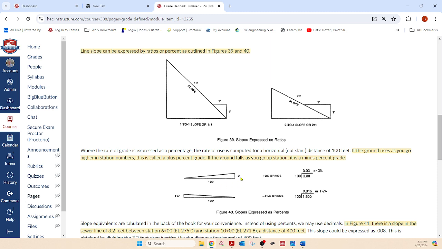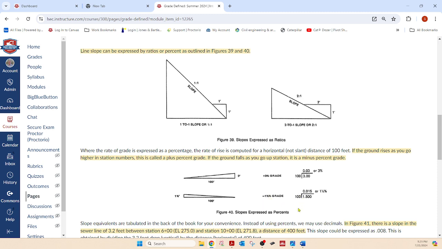Oh, it is. That's not great. This is a falling grade of minus 1.5%.